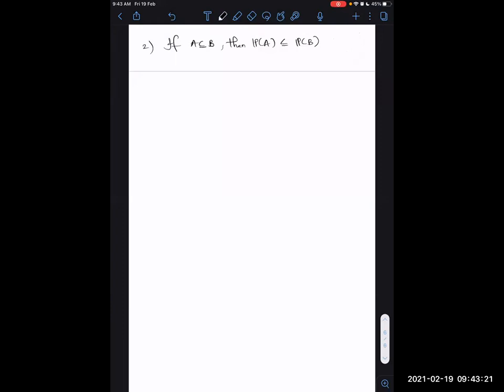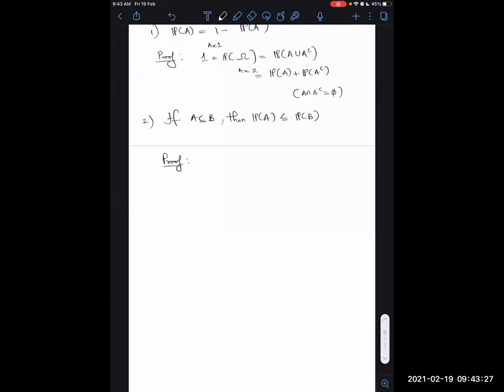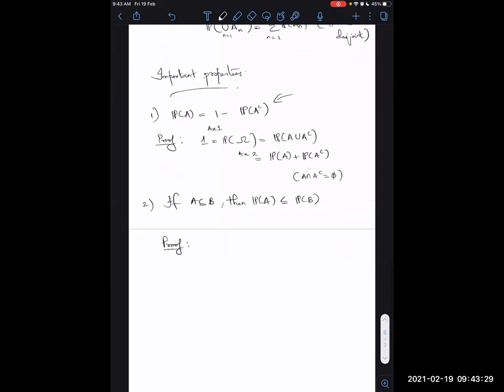So what is the proof? Let's think about it.